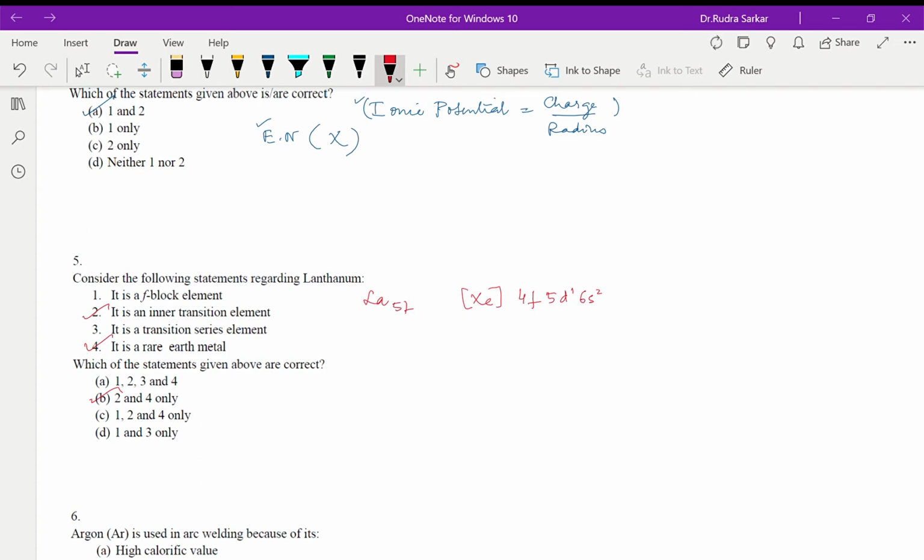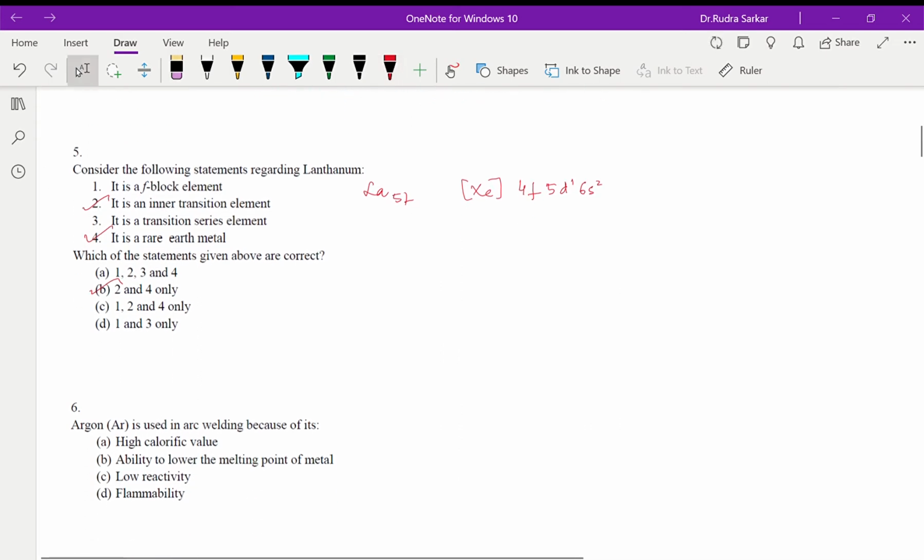All right, that is why it is called the inner transition element.